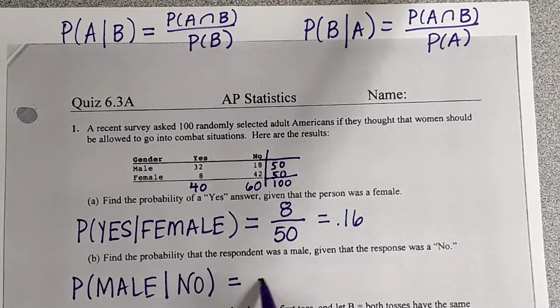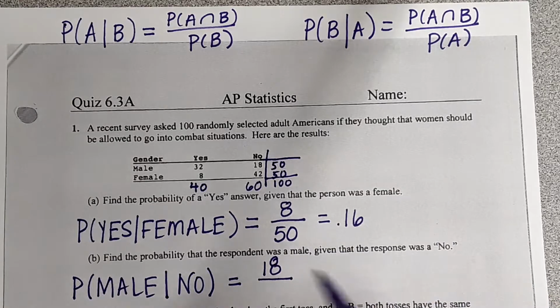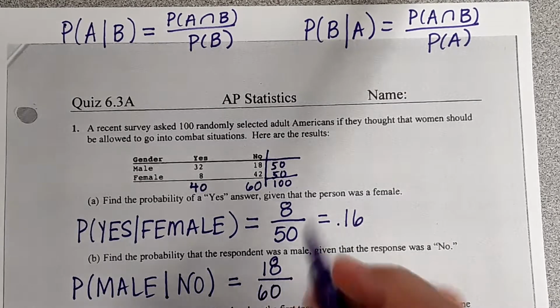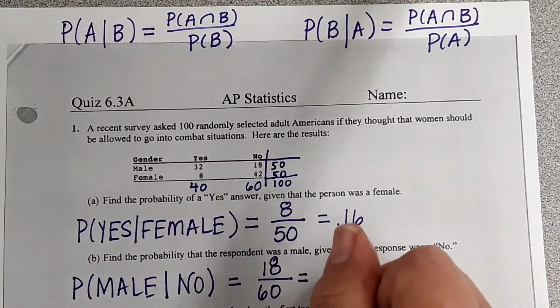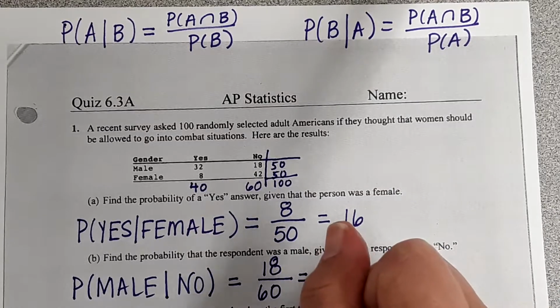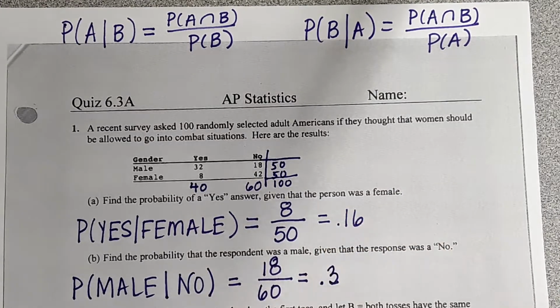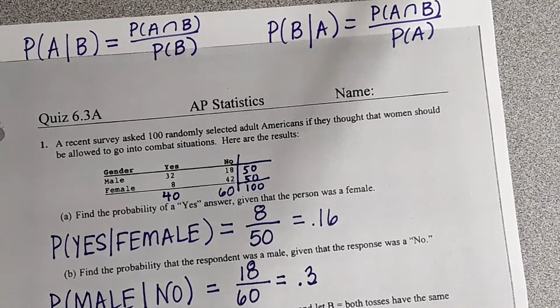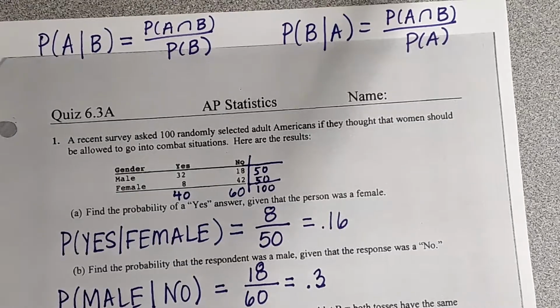So how many males said no? 18 out of how many no answers? 60. So no answers. And I believe it's 0.3 when you did it. Yep, okay. Good so far? So that's a conditional, okay?